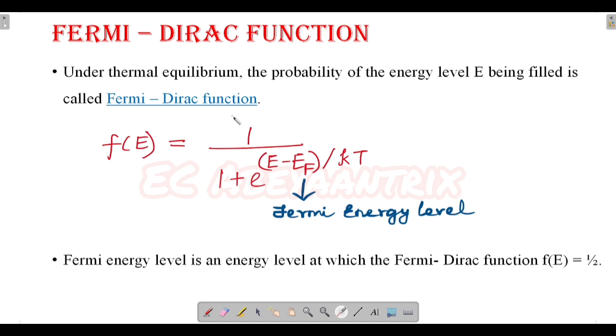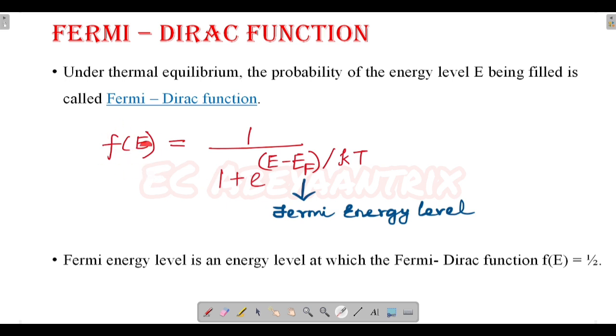In that case the Fermi-Dirac function will be 1 by 2, that is 0.5. Since the probability always lies between 0 and 1, 0.5 means 50-50.